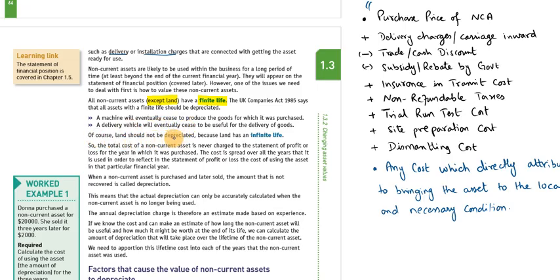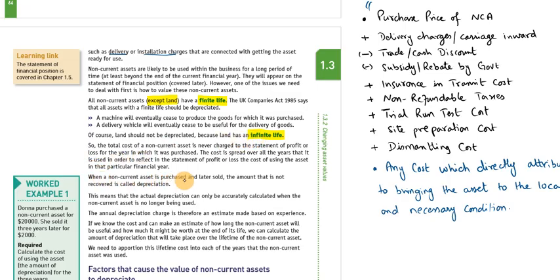Of course, land should not be depreciated because land has an infinite life. We don't know the life of land, so at this level we will never depreciate land. In advanced accounting, we will learn that some land is a depreciable asset.